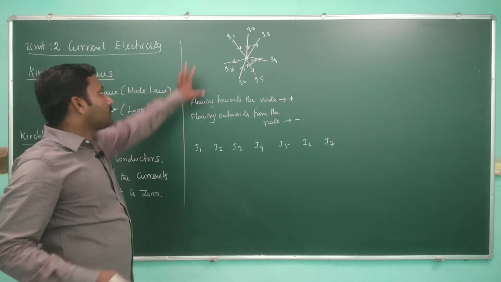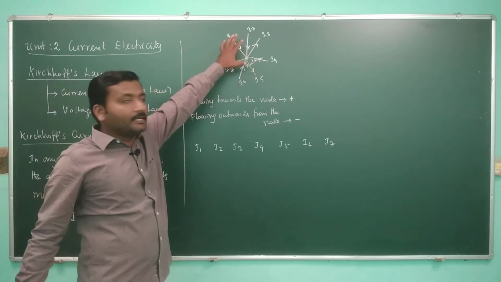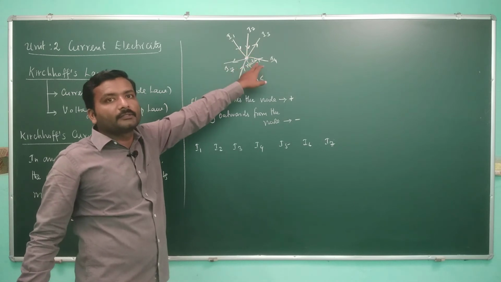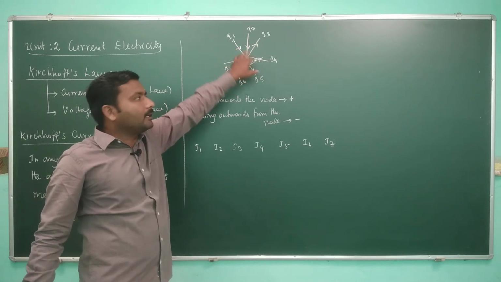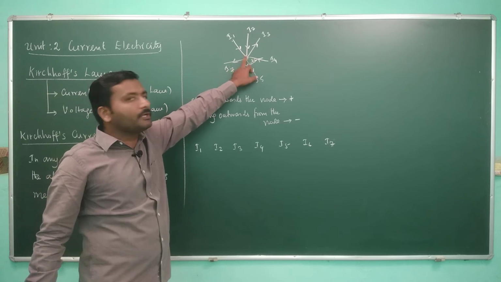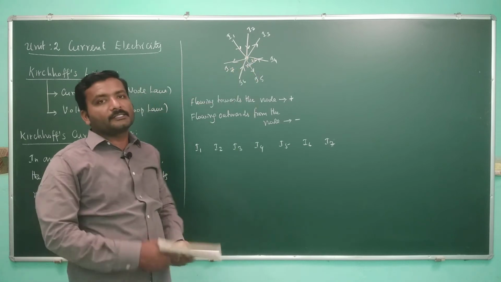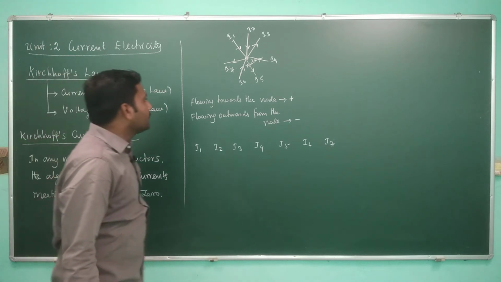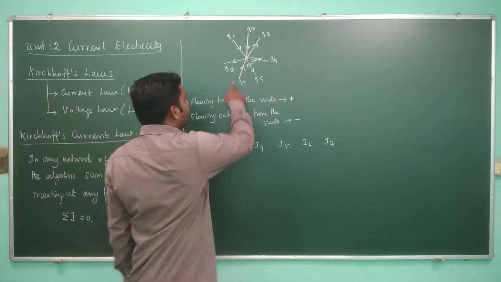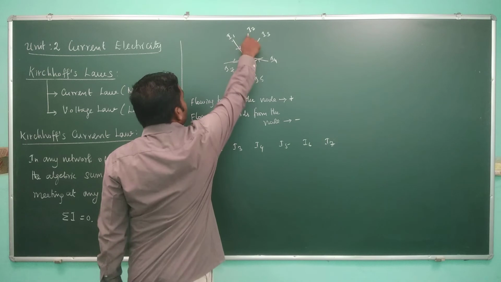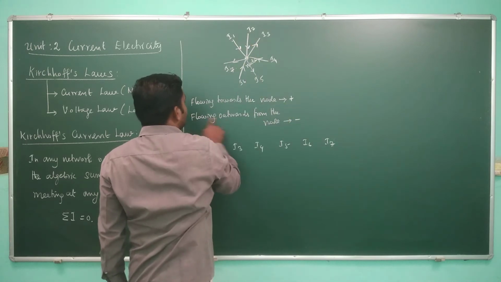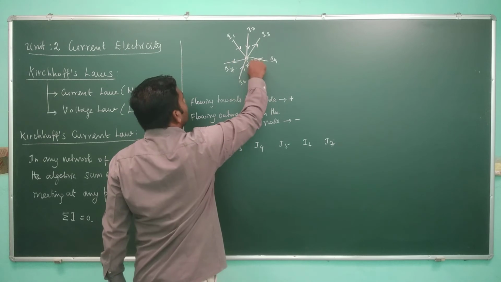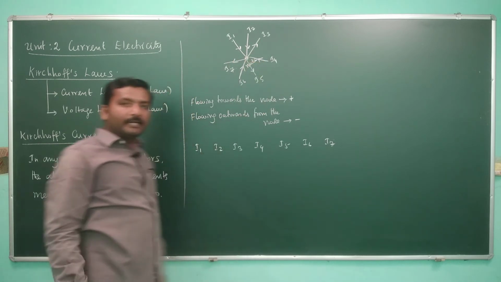Now, all these currents are meeting at a point which we have termed as a node. So the algebraic sum of the currents meeting at a node is 0. Keeping in mind that when the current is flowing towards the node, you have to put plus, while when the current is going outwards from the node, you have to put minus.